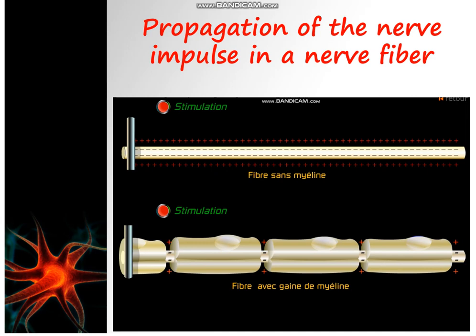We call it the saltatory conduction. So the myelin sheath speeds up the conduction of the nerve message because it ensures a saltatory conduction. Depolarization only occurs at the level of nodes of Ranvier and not at each point of the axon.